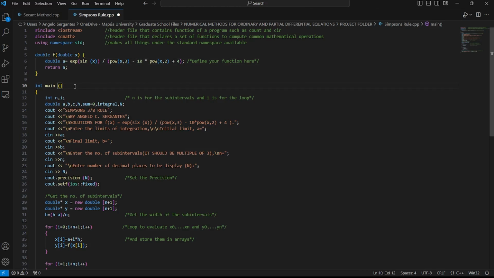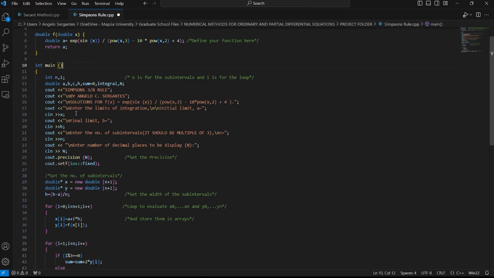Then this starts the program. So here we are declaring the values for n and i. n is for the subintervals and i is for the loop. First, the input will be the limits of the integration: the initial limit, which is the lower limit a, and the final limit, or the upper limit b.